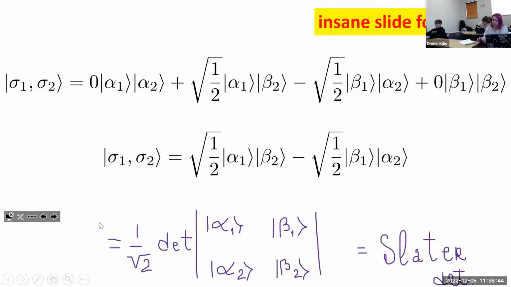Now let's do reverse engineering and ask the question: determinant of which matrix will give the same answer?